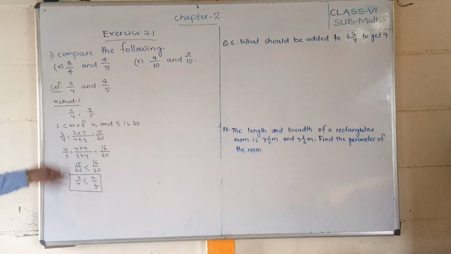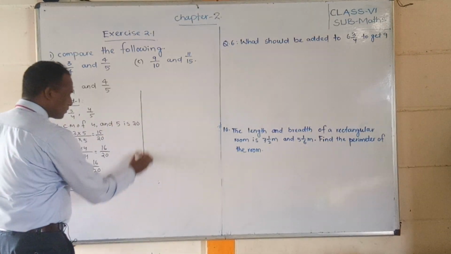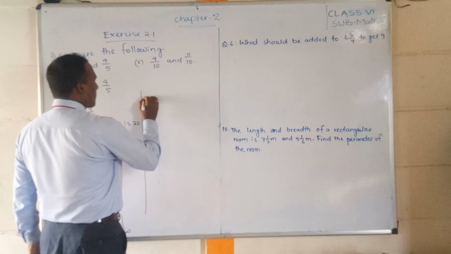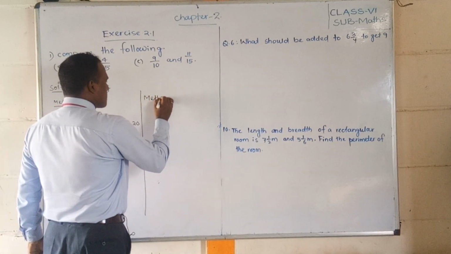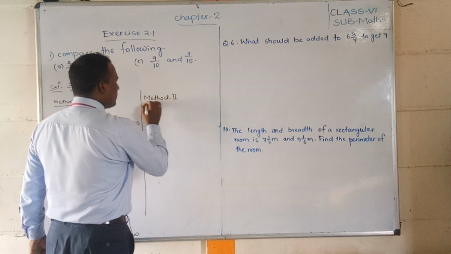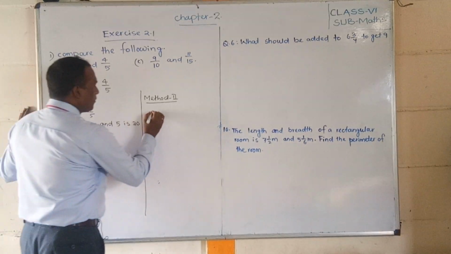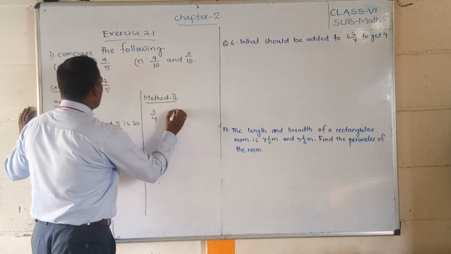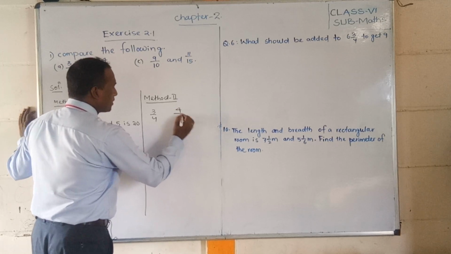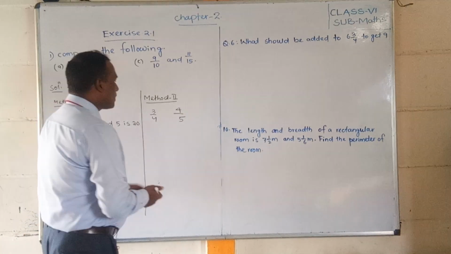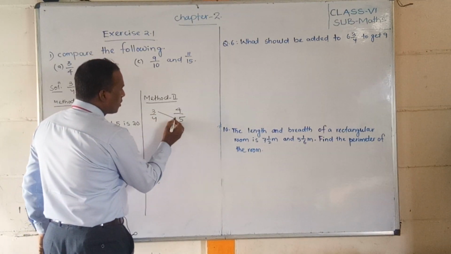Okay, students, in the alternative method, look here, method 2. The second method you can also do by the cross multiplication method, that is also easy. If 3/4 and 4/5 are there, how will we find out which one is greater and which one is smaller? First of all you have to do cross multiplication.